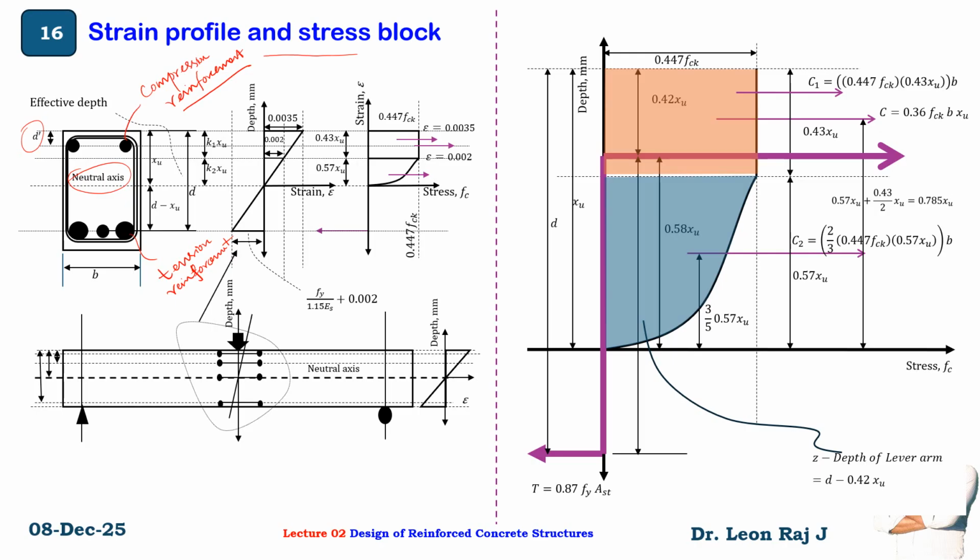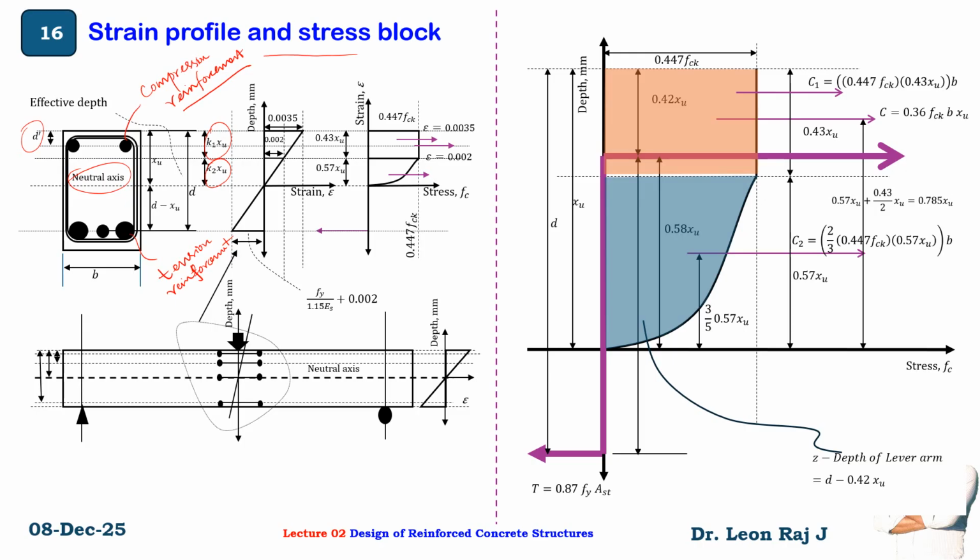d is the effective depth, and K1 Xu, K2 Xu is the depth of the stress block portions, rectangle and parabolic. The first portion is the rectangular portion, the second portion is the parabolic portion, and here the strain profile is shown.